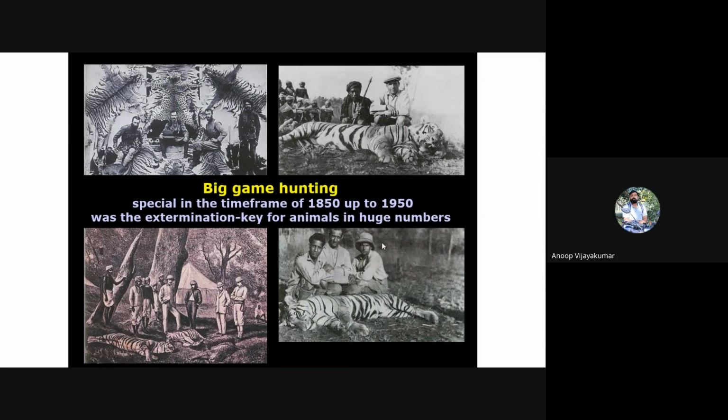In the 1850s up to the 1950s, we also had this, and the Europeans and Indians, all the rich people, were removing tigers from our ecosystem. And not only tigers, but elephants, leopards, cheetahs, all.